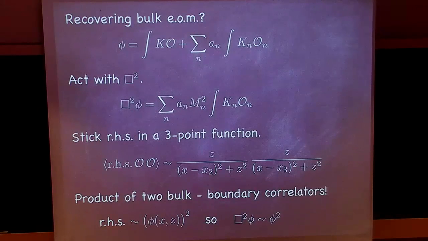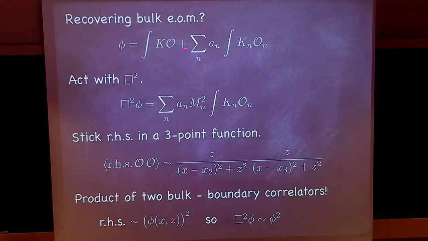And the concern is we've developed this expression where our field that's now local in the bulk is a smeared operator plus an infinite sum of smeared double trace operators. And that's not the way that we're used to thinking about a field from the bulk point of view.